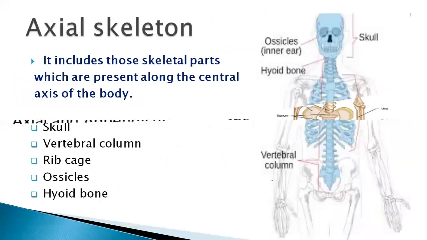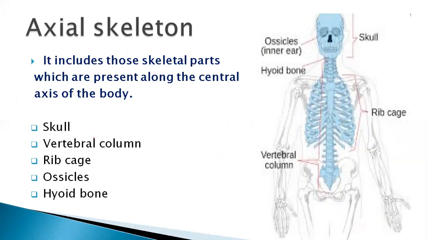Now we are going to see axial skeleton, whose skeletal parts lie along the central axis of the body. You can see this blue one. This all is axial skeleton, and it has skull, rib cage, vertebral column, ossicles, or the inner ear bones.